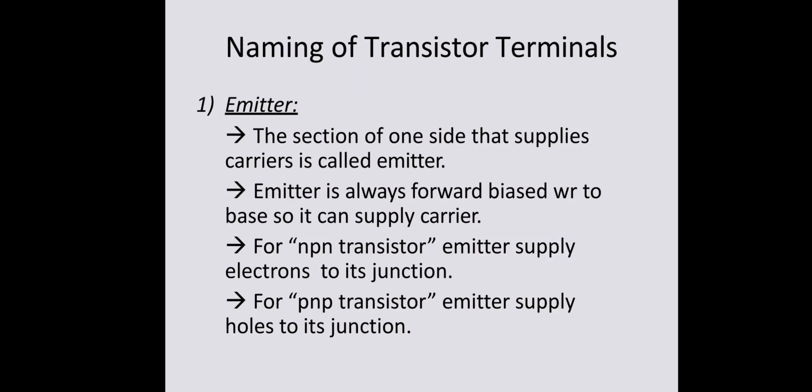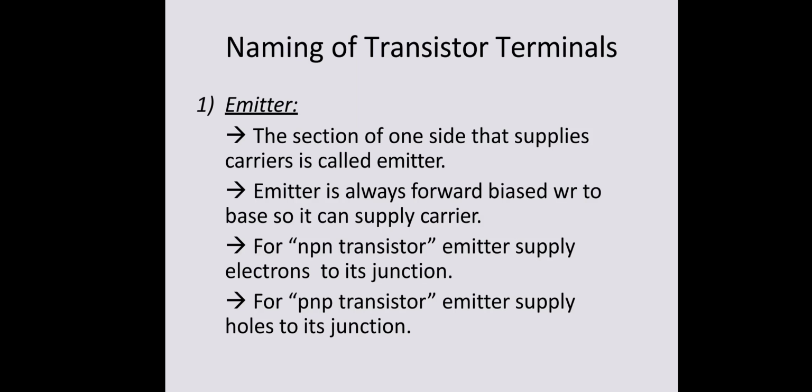Now what is an emitter? The section on one side that supplies charge carriers is called the emitter. The emitter is always forward biased with respect to the base, so it can supply charge carriers. For an NPN transistor, the emitter is made of n-type semiconductor, so the majority carriers are electrons, and it supplies these electrons to the base region.